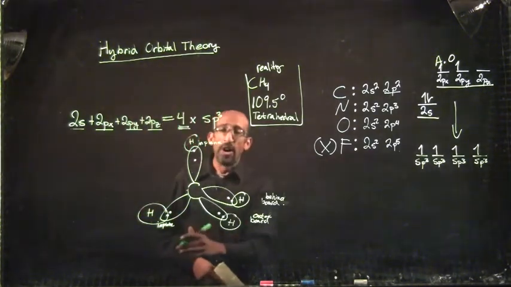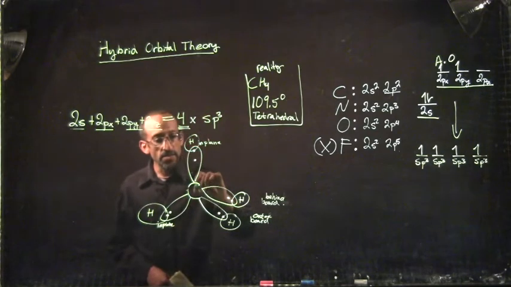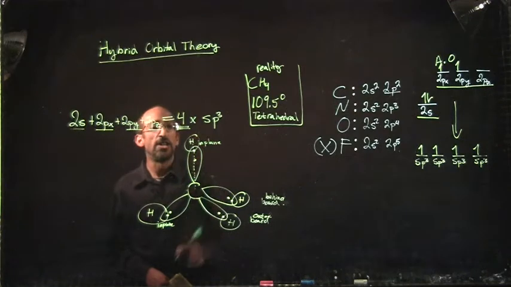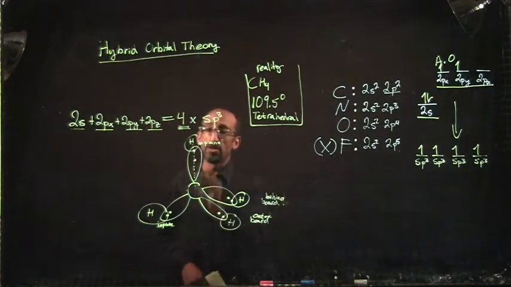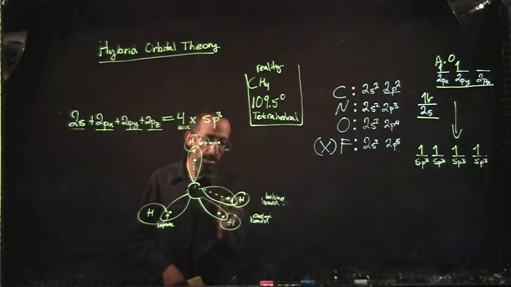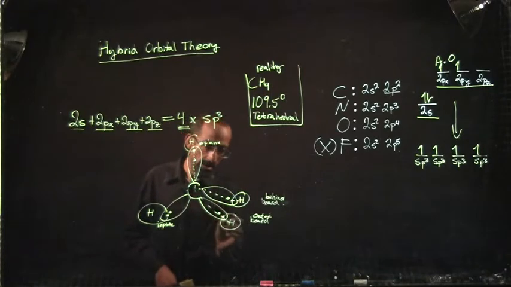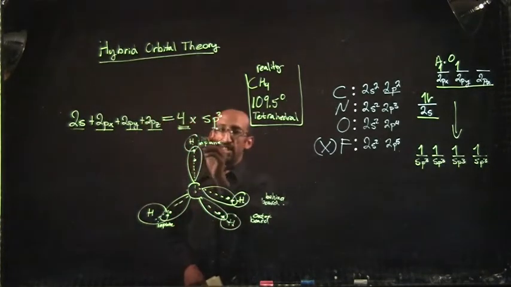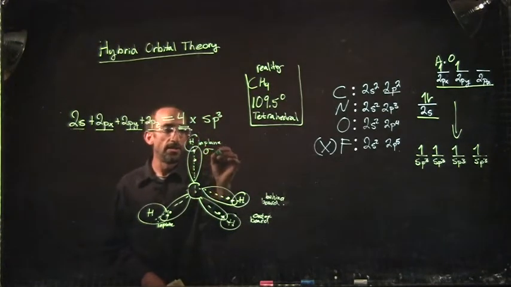Now, each of these bonds, each of the regions of overlap, falls along a line connecting the 2 nuclei. Which means that each of these is a sigma bond.